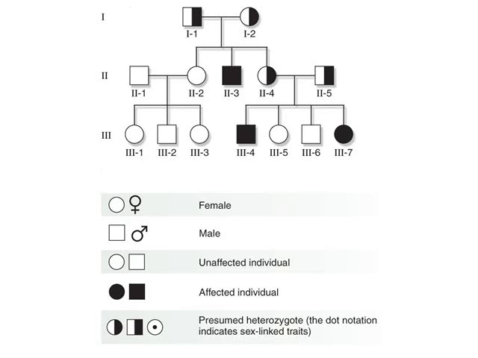You can also determine if individuals are heterozygous, which means that they can potentially pass this trait on to their offspring. And those individuals are half white, half black, to show that they don't have the disease, but they do carry the gene for it.